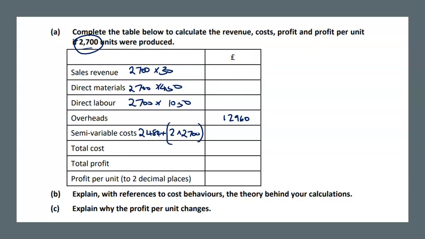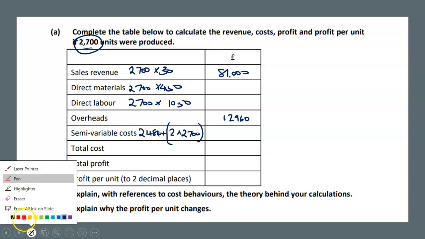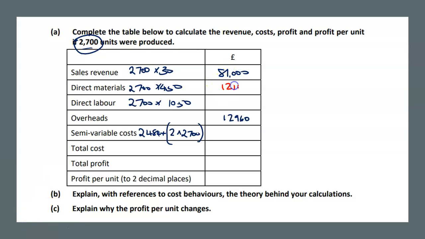2,700 times 30 is 81,000. 2,700 times £4.50 is 12,150. 2,700 times £10.50 is 28,350.